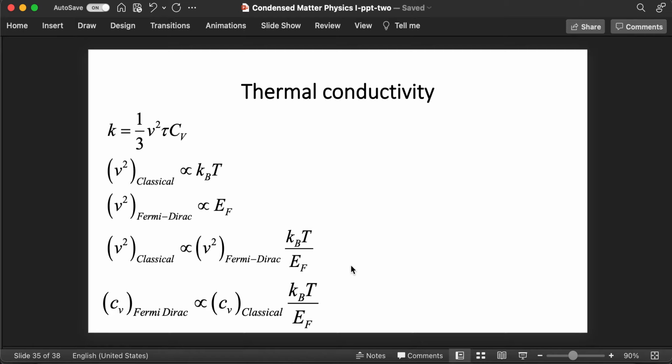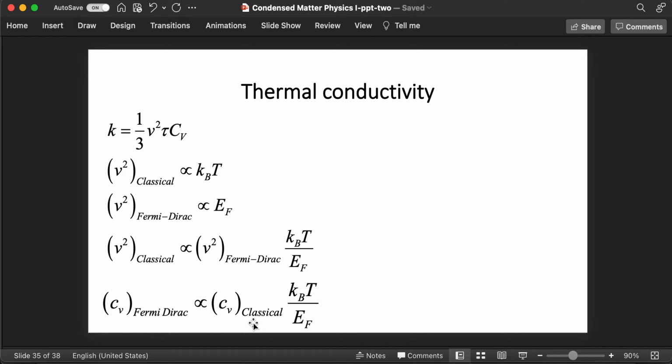We saw that in the Fermi-Dirac distribution, the electrons at the Fermi level have very high velocities compared to the classical case. That is why the classical expression for V squared is 1 by EF times lower than the Fermi-Dirac expression. On the other hand, if you consider the specific heats, I can write that the Fermi-Dirac expression for the specific heat is proportional to the classical expression for the specific heat times kBT by EF.